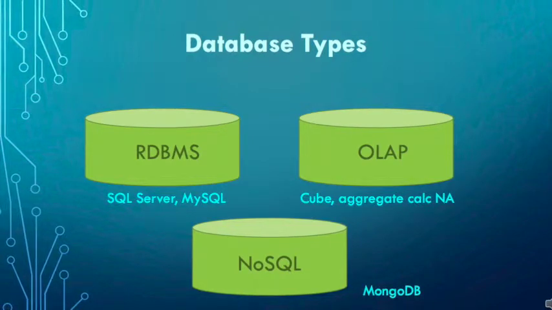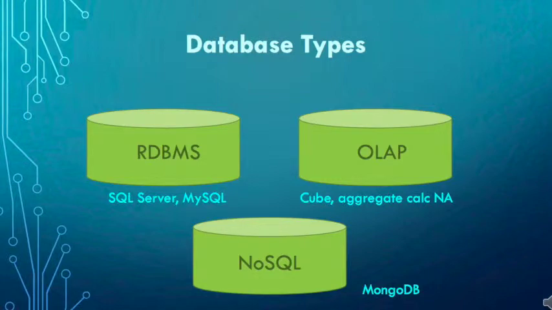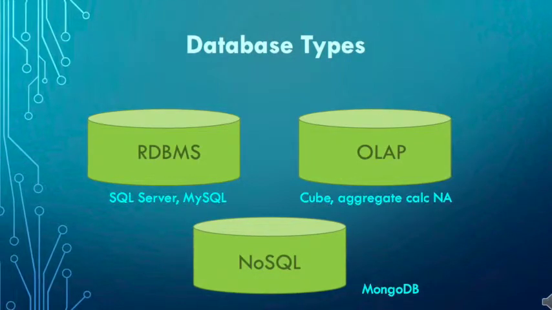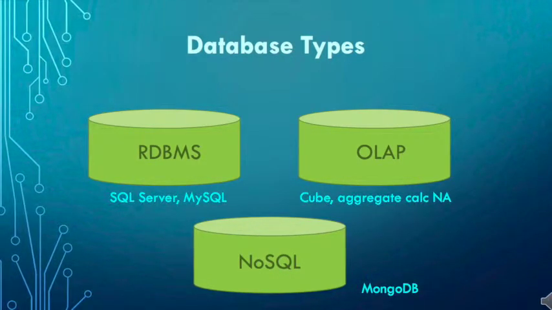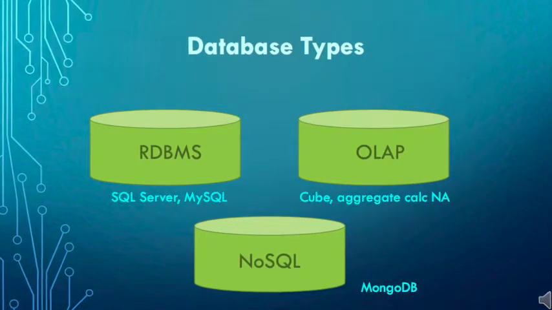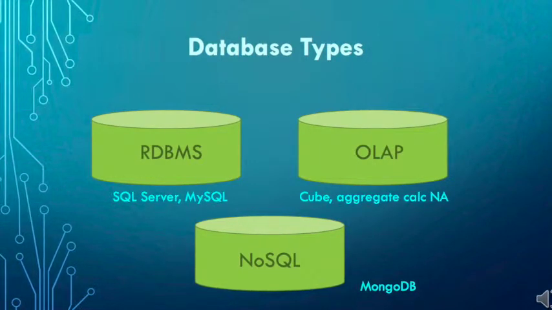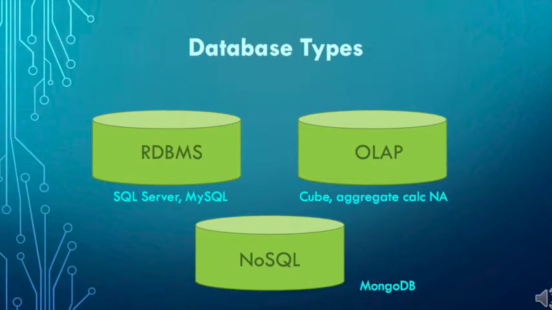So also there's NoSQL. It's gaining more and more popularity nowadays because of the large amount of data we're dealing with. Some websites such as Craigslist and Facebook use NoSQL because it essentially handles the document-oriented data format as opposed to a table format.